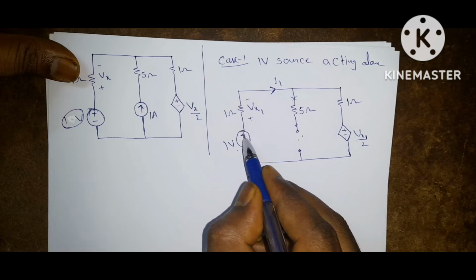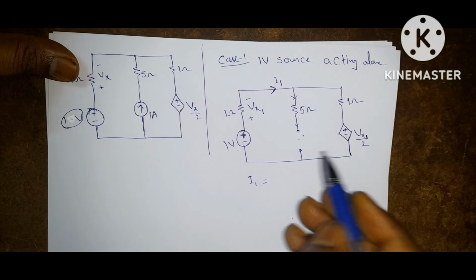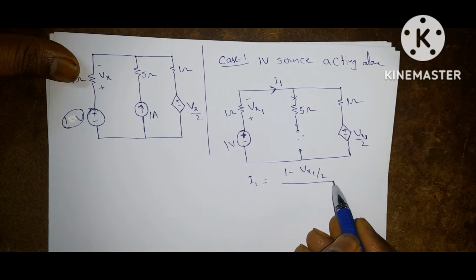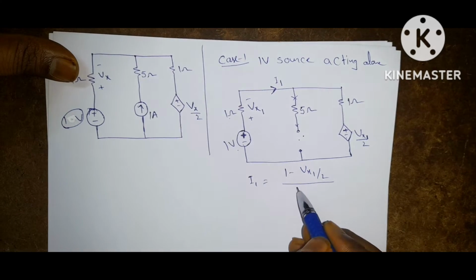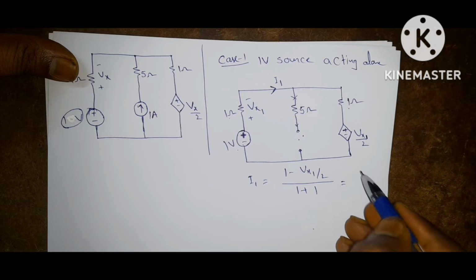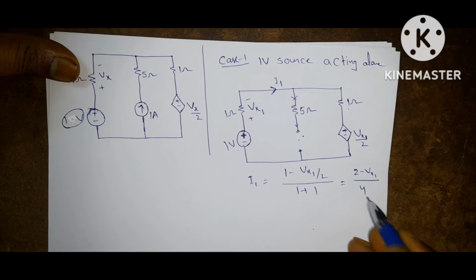These are connected in opposite directions, meaning this plus is connected to this plus. So I1 is equal to (1 minus Vx1) by (2 plus 1 plus 1). So you are getting (2 minus Vx1) by 4. Let it be equation 1.